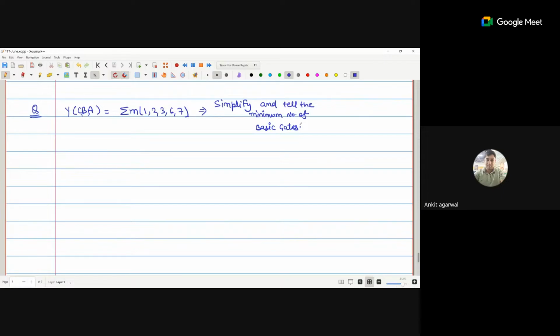Sir, two Yeah. inverters AND gate and 2 input NOR gate. 3 input 2 input OR. 3 input AND gate, Yes, sir. And 2 inverter 2 inverter, and 2 input OR gate. 2 input OR gate.